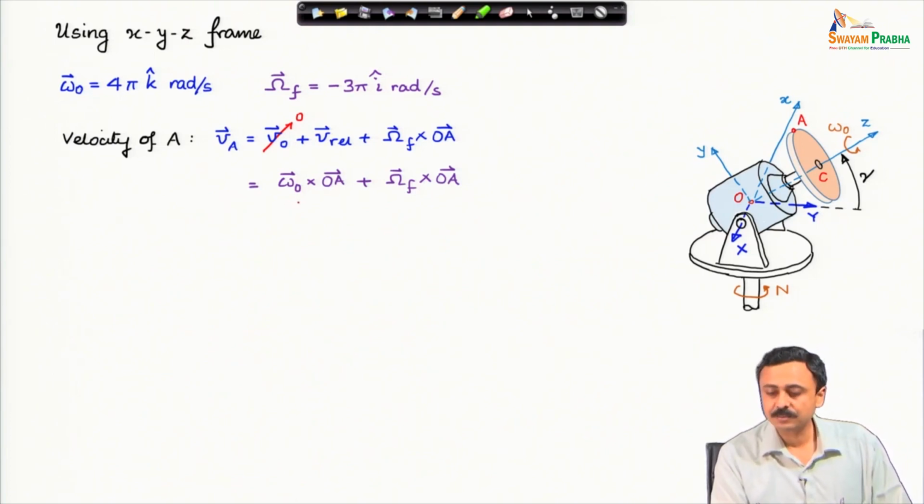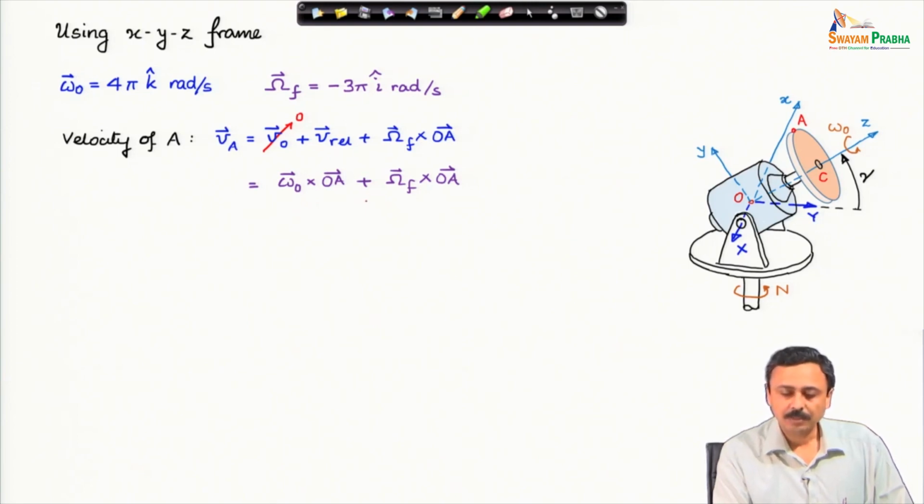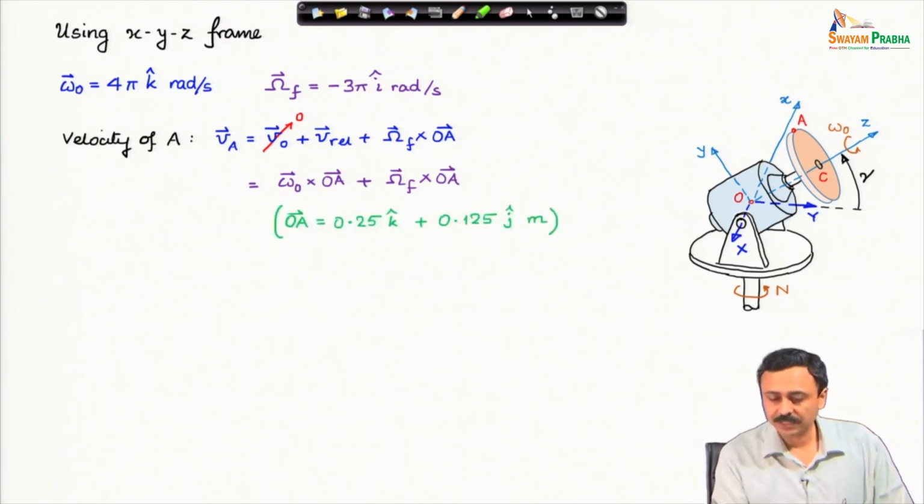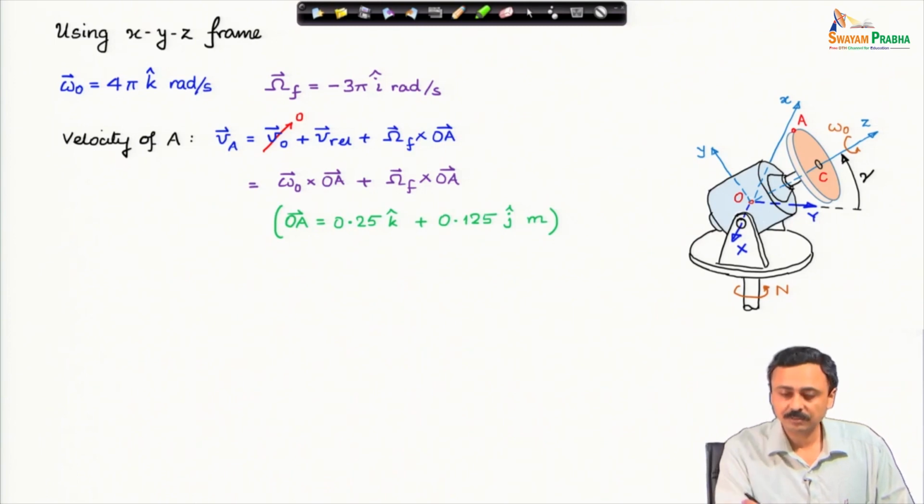V rel is because of the spin of the disk, therefore it is omega naught vector cross OA, plus omega f cross OA. Now, these expressions are all known to me. OA vector is OC vector plus CA vector.